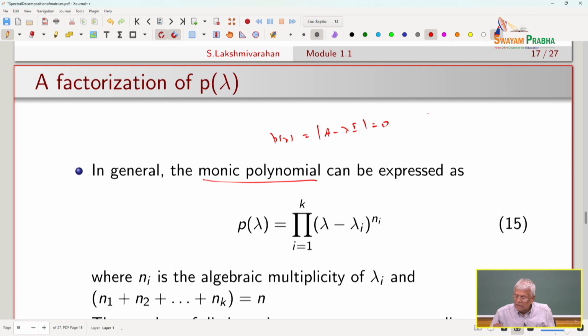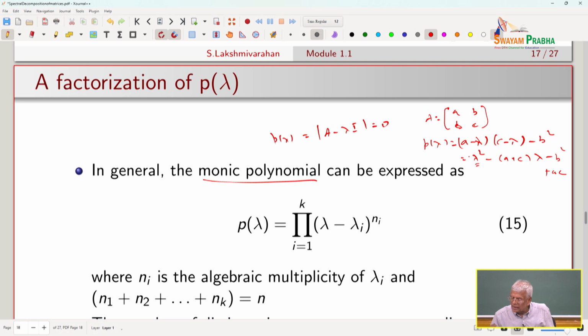For example, if I have a matrix A equal to [a, b; b, c], then p of lambda is equal to (a minus lambda)(c minus lambda) minus b squared. If you multiply out, the lambda-degree expression is lambda squared minus (a plus c) lambda plus (ac minus b squared).